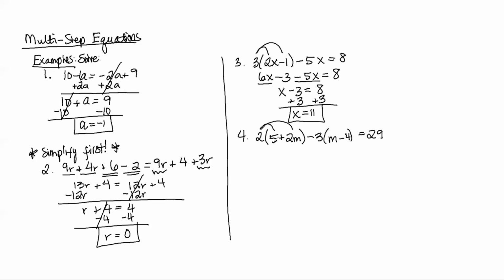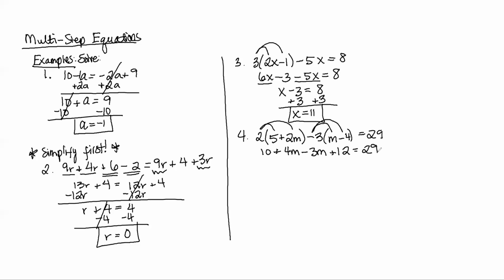So 2 times 5 is 10. 2 times 2m is positive 4m. Now with this next one, make sure you're distributing a negative 3. So negative 3 times m is negative 3m. Negative 3 times negative 4 is positive 12, equals 29.